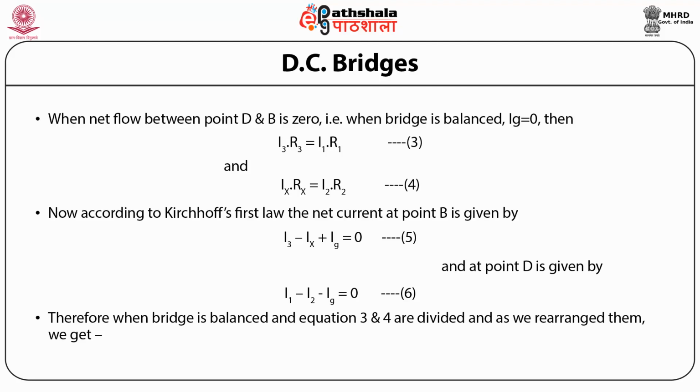Therefore, when the bridge is balanced and equations 3 and 4 are divided and rearranged, we get Rx is equal to R3 dot R2 divided by R1. This is equation 7.